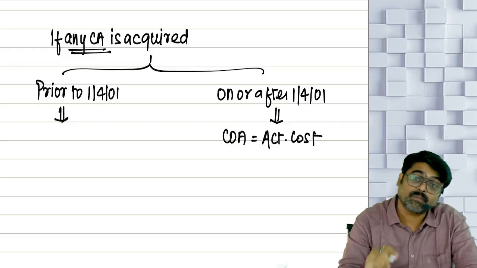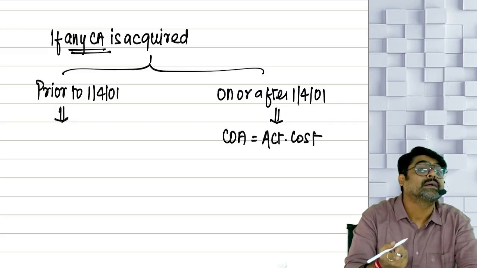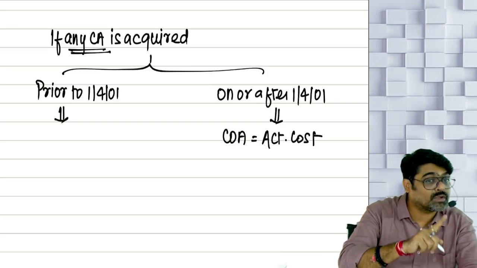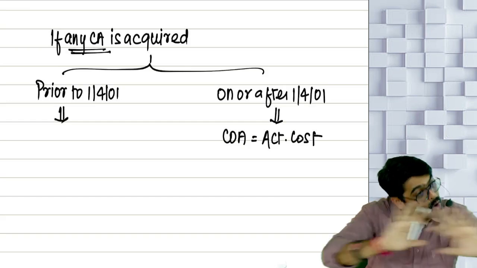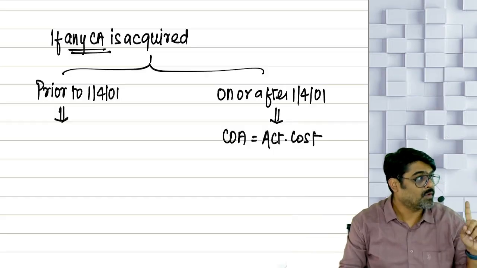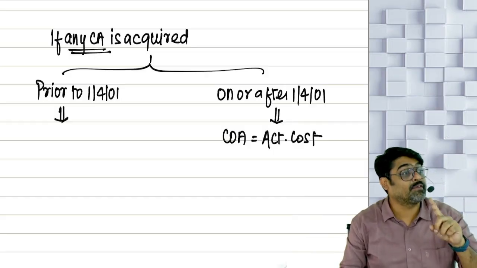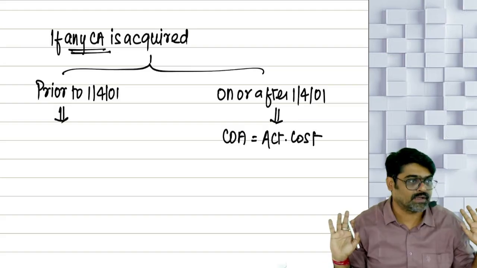But this option is available only in the case of those assets which are acquired prior to 1st April 2001. Is this option available for all assets? Absolutely all assets. This option can be taken, but not for intangible assets given in 55(2)(a). For those assets, this option is not available. Yes or no?